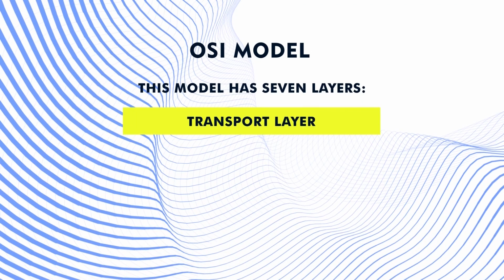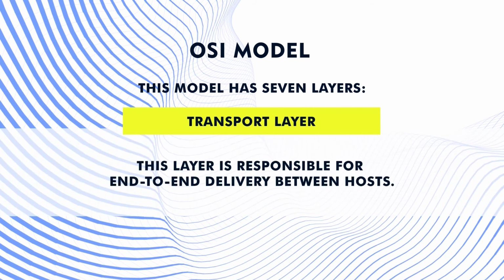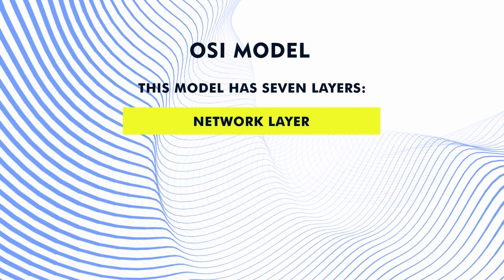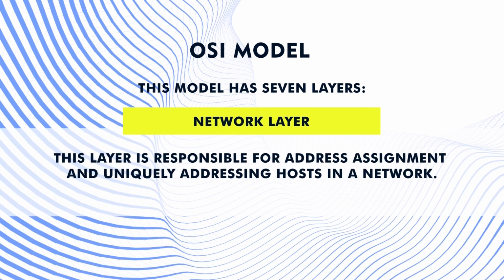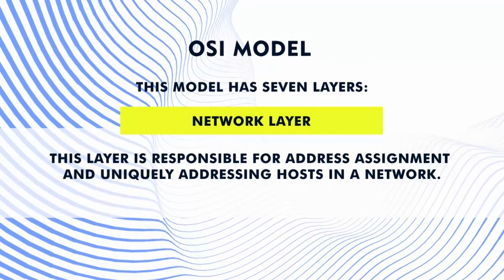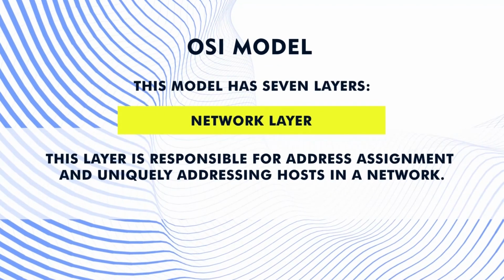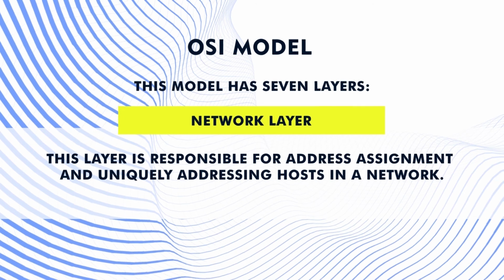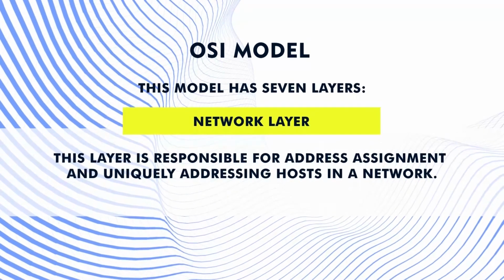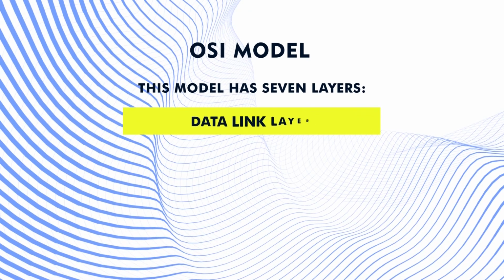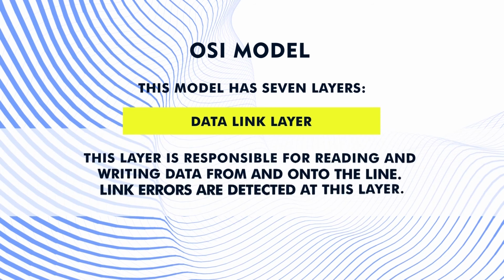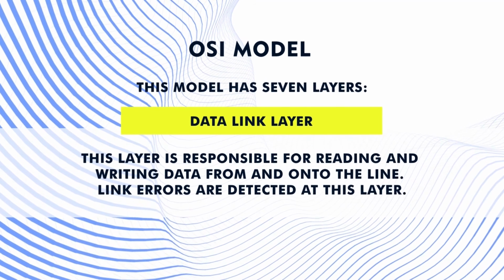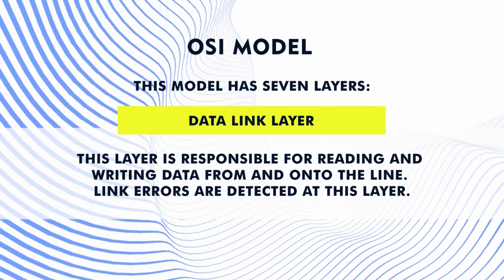The transport layer is responsible for end-to-end delivery between hosts. The network layer is responsible for address assignment and uniquely addressing hosts in a network. The next layer is the data link layer. This layer is responsible for reading and writing data from and onto the line.